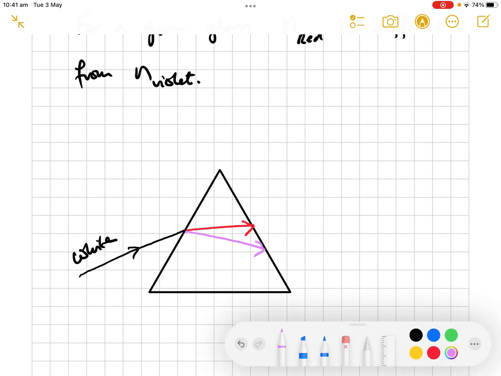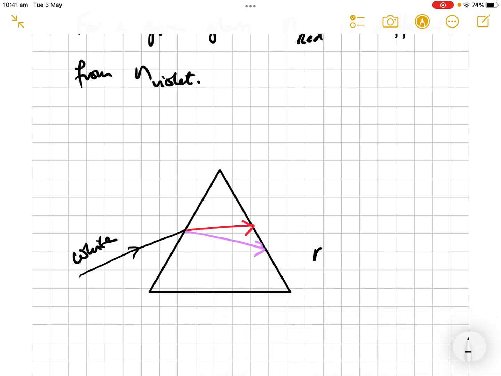And what that tells us is that n for the violet here is greater than the n for red for this glass. So in doing Snell's law calculations, you may very well have to do separate Snell's law calculations for each colour of light involved.